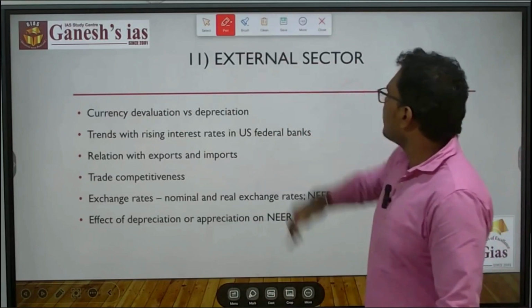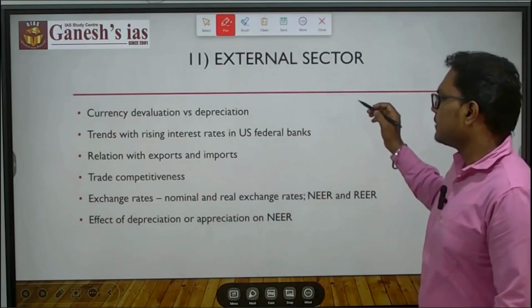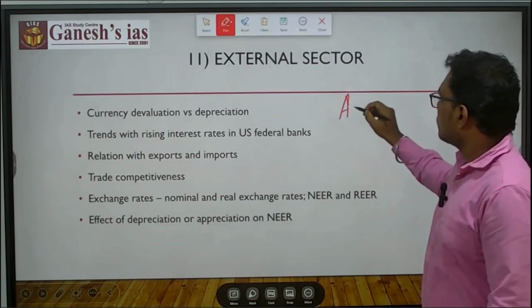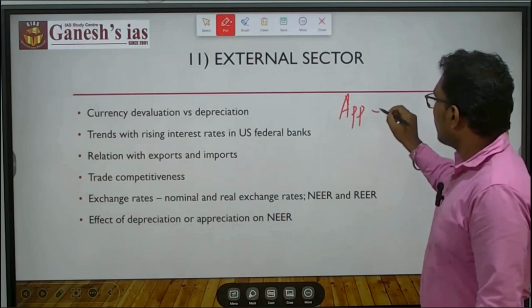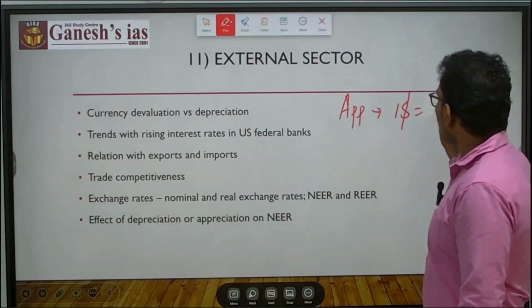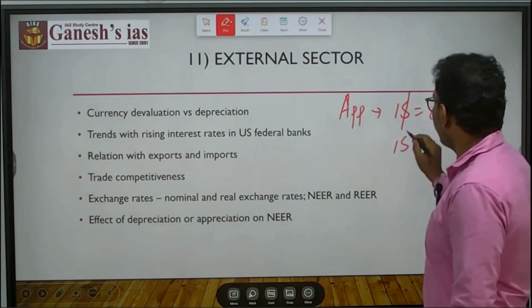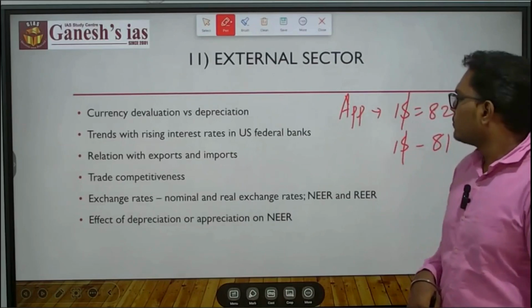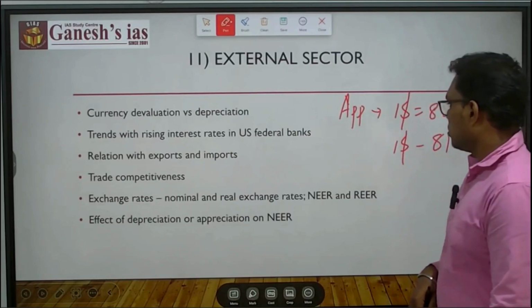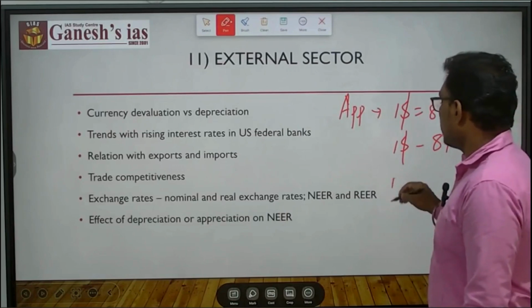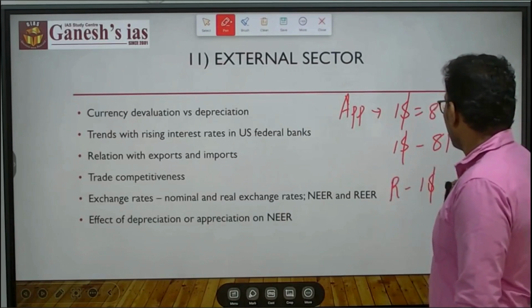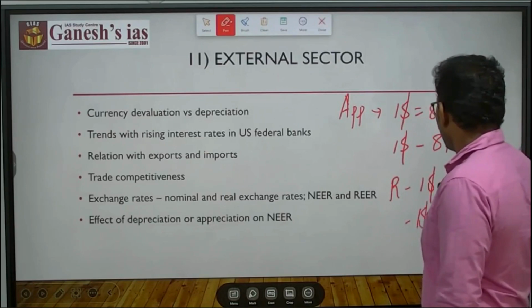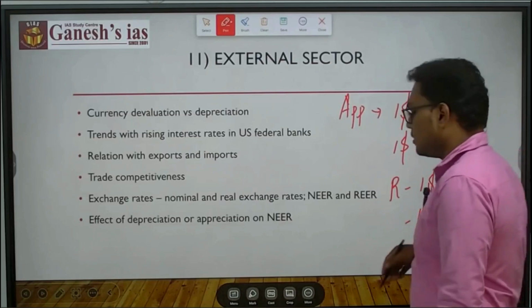Next is appreciation and revaluation. Appreciation is, suppose $1 is today 82 rupees, and tomorrow it becomes 81 rupees. Whereas revaluation is $1 is 82 rupees today, and tomorrow $1 becomes 80 rupees by external intervention.